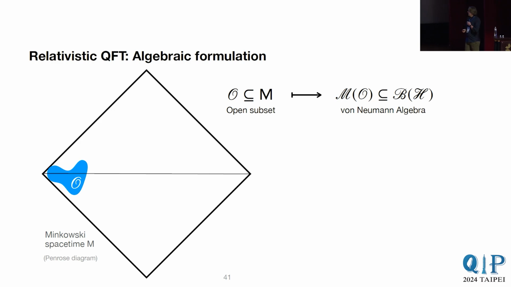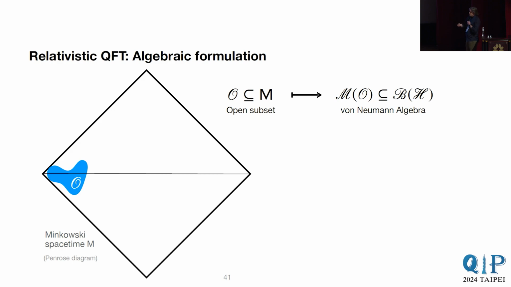And for this, we want to recap a bit about relativistic quantum field theory and especially its algebraic formulation. The idea here is that instead of talking directly about quantum fields, you want to talk about observable quantities in a relativistic setting, which means observations localized in space-time regions. These space-time regions, here drawn as some subsets of this Penrose diagram of Minkowski space, are basically open sets.